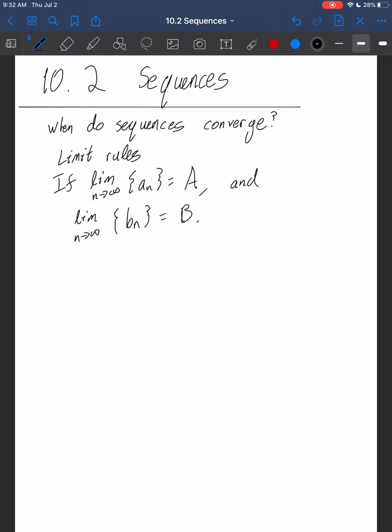If we take all of the terms in our sequence and add them together, the limit as n goes to infinity of a_n plus b_n is just going to be a plus b. So we're just combining our two sequences by adding them together. The same thing holds if we subtract them as well, so plus or minus there.